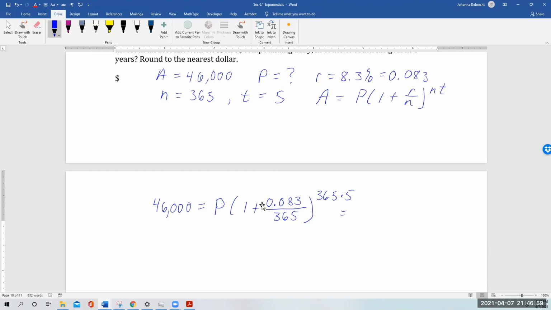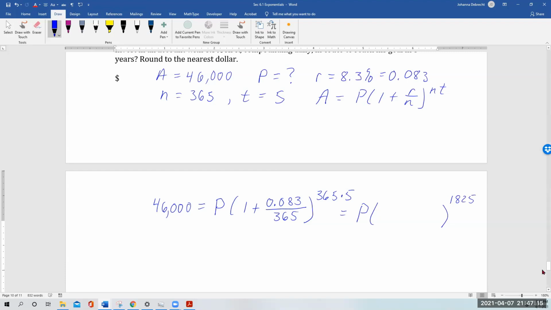It's 1,825. So this would leave P times some value raised to the 1,825 power.